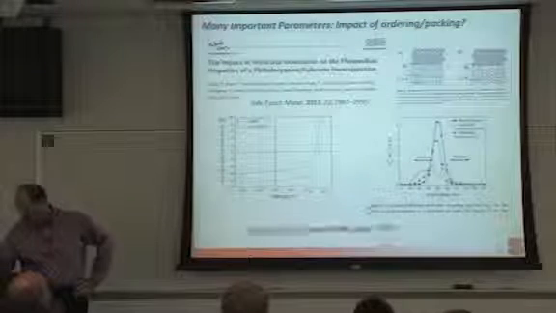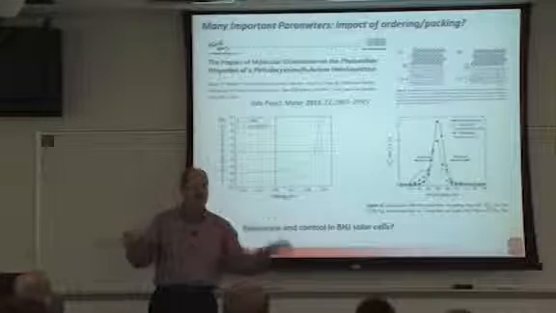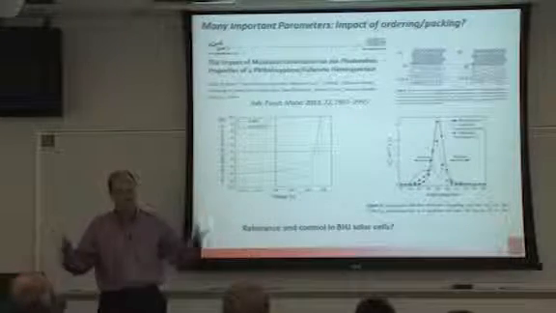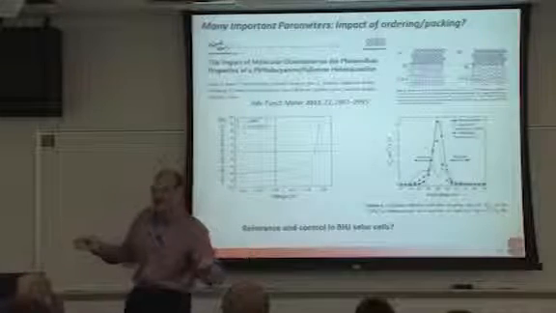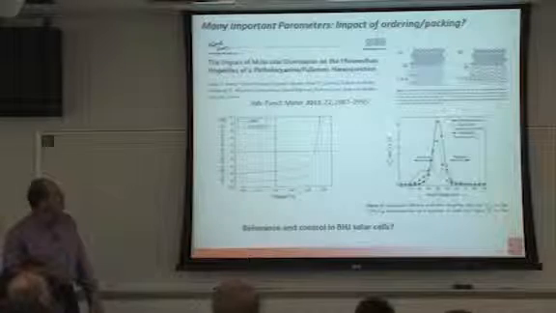And so now, what does that mean for a bulk heterojunction solar cell where I have a complicated 3D interface? What does an interface even really mean when I have three-phase morphologies? So there are a lot of complicated questions.